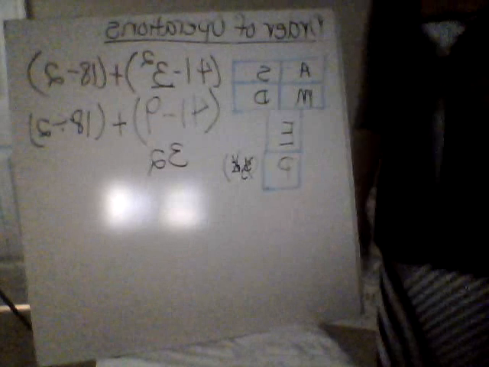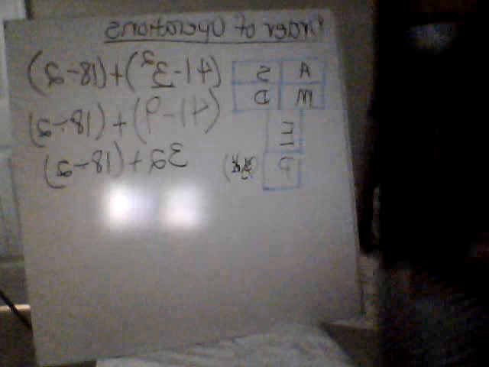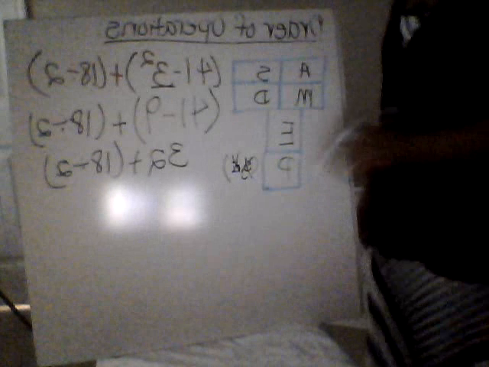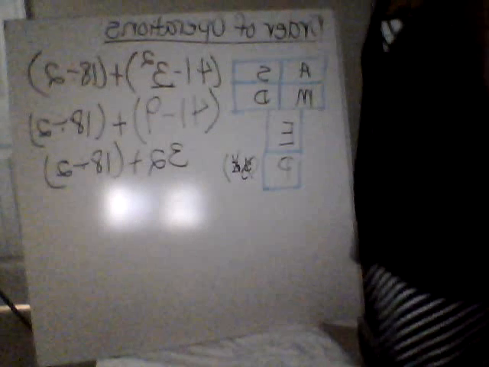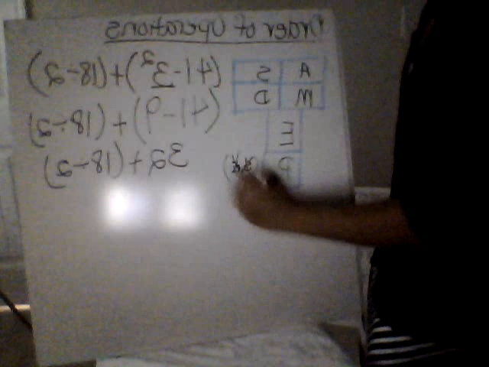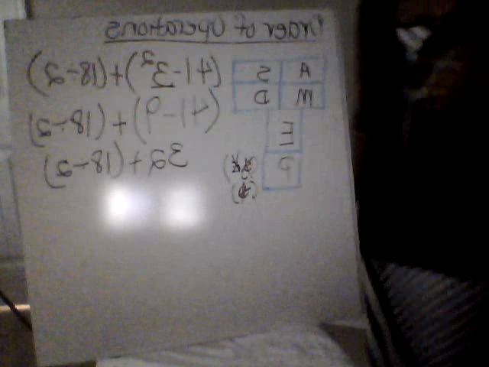So then I'm going to have 32 plus, and I'm just going to write what I haven't taken care of yet. And I'm going to go back to the hopscotch starting with P, and I'm going to say, do I have any more parentheses? And the answer is yes, I do. I have this set of parentheses, and what's inside this parentheses is only one math problem, and that's 18 divided by 2. So I'm going to take care of division. That's in parentheses. So I'm going to cross that out to let myself know I'm getting ready to take care of that.